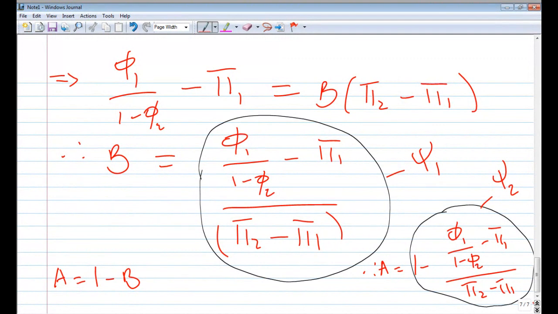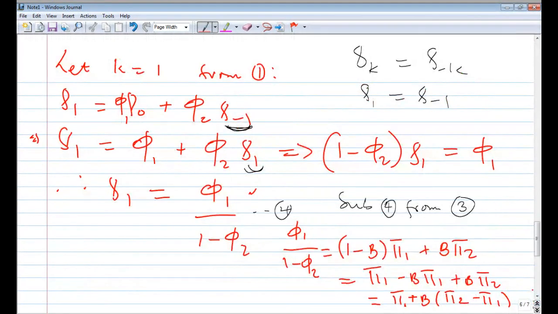Oh, we are substituting B on A, on the equation? Let me go back. Here we said we substitute equation number 4 from 3, isn't it? Equation 4 is this one.